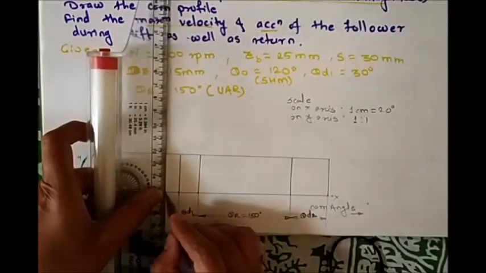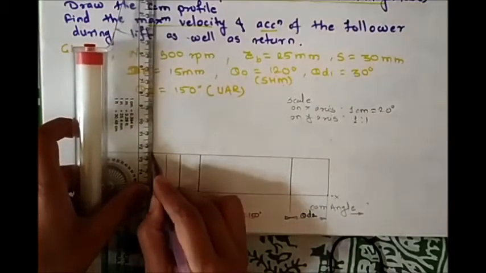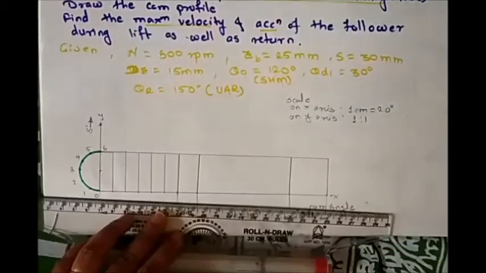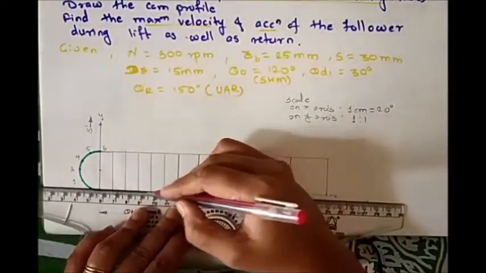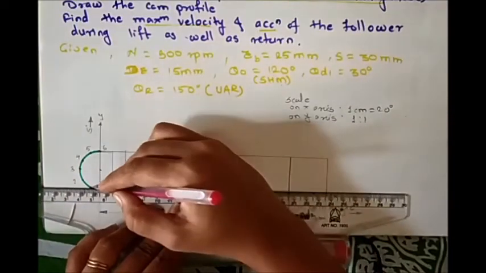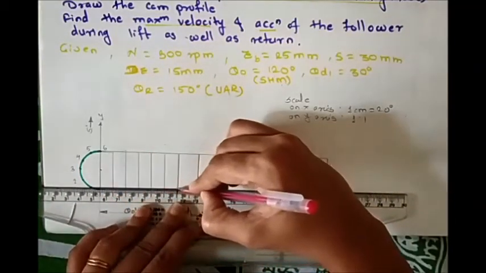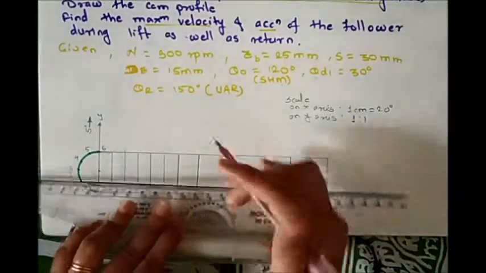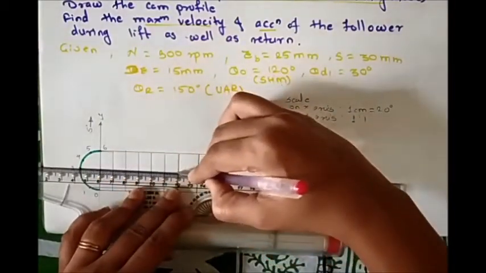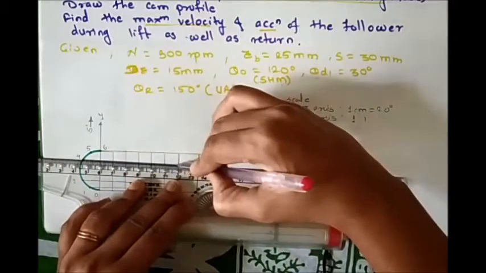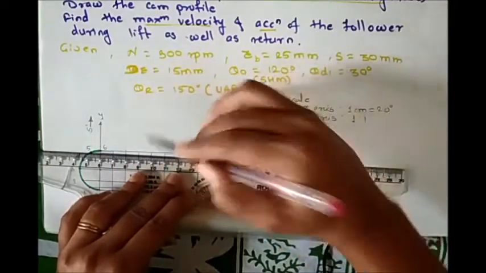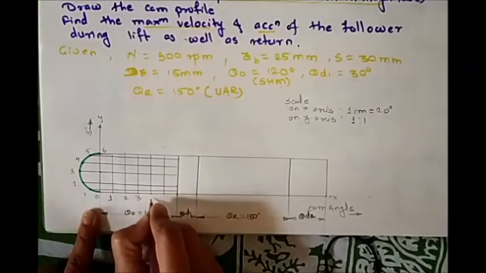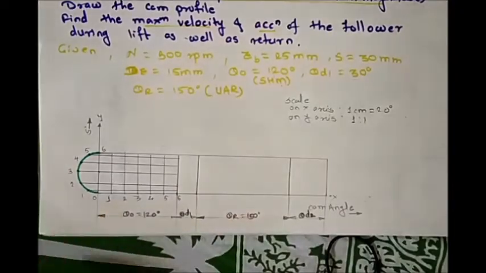Now draw the vertical line from these outstroke division points and draw the horizontal line from the harmonic semicircle division points up to the outstroke. Again, give the names to the outstroke divisions 1, 2, 3, 4, 5 and 6.